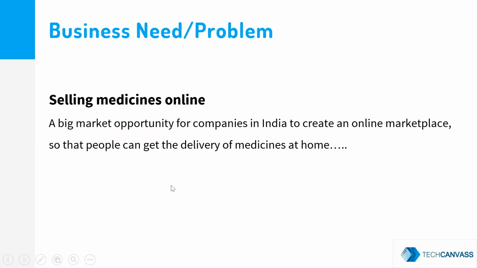So this is a new and emerging market, and there are a lot of possibilities here. So let's say, for example, company ABC Inc. is looking to create that marketplace. This is an opportunity which they want to tap. So they will engage people who will be able to address that problem and help them in tapping this opportunity.